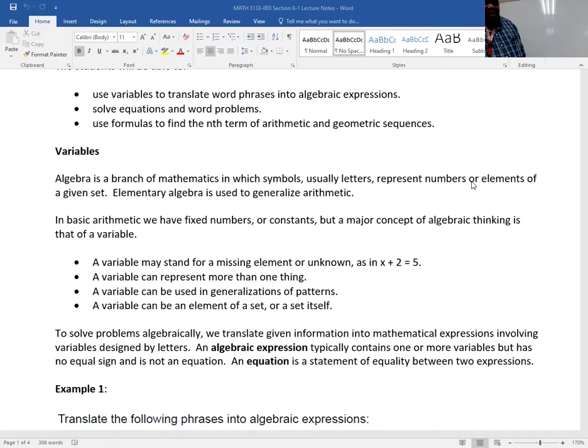And a variable can be an element of a set or a set itself.